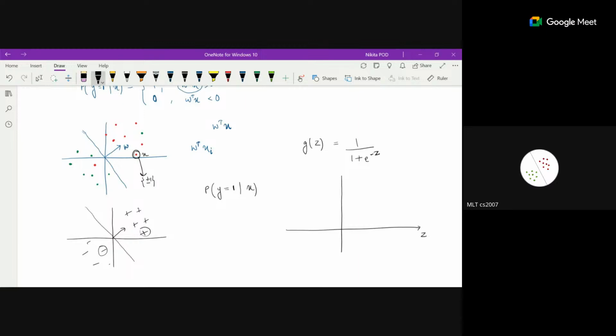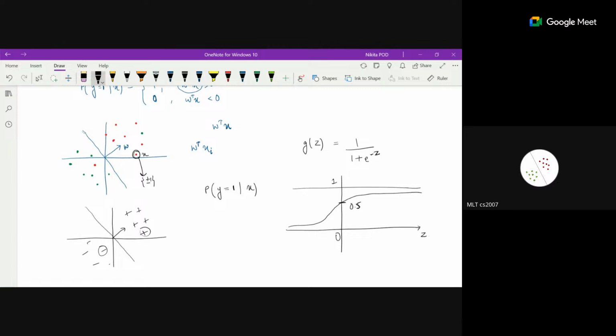So you have this z, and at 0 you have 0.5, and the shape of the function goes something like this. It should intersect at 0.5.